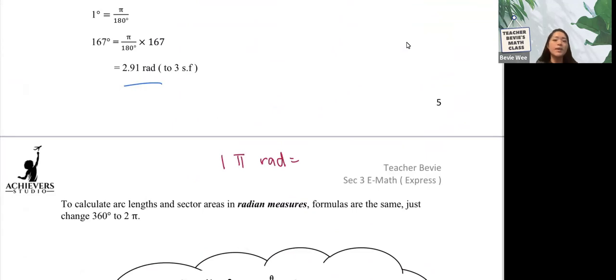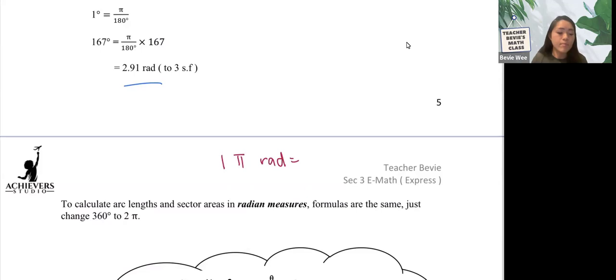Come, everybody send it to me on the Zoom chat. Yes, Rian, very good job. Michaela, how much is it? Denzel, how much is it? 1 pi radian is how many degrees? 180 degrees.